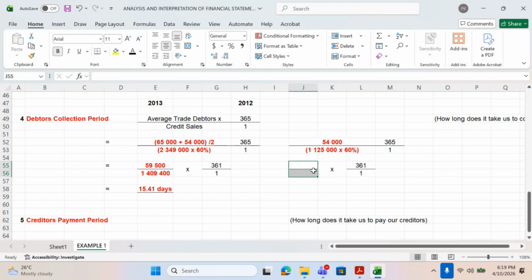But how much is 1,125,000 times 60%? 675,000 rands. I hope you guys are still following.